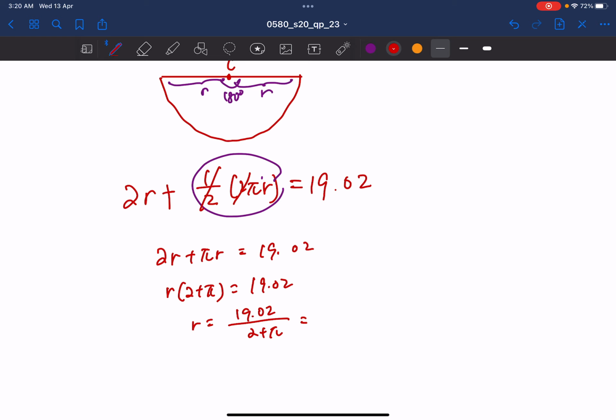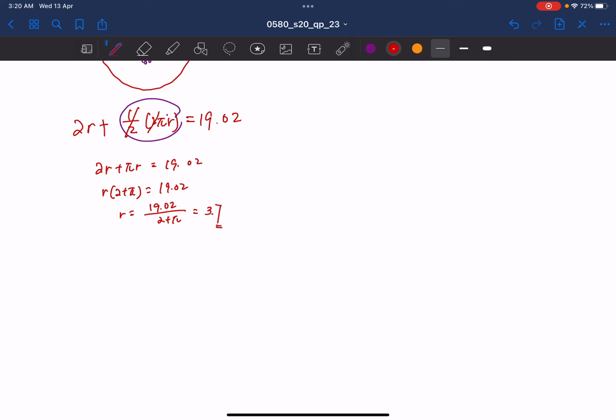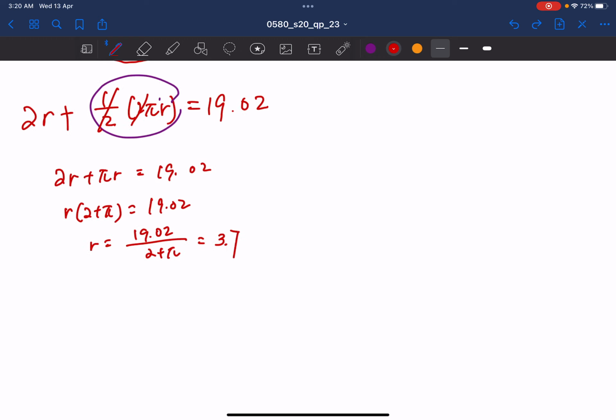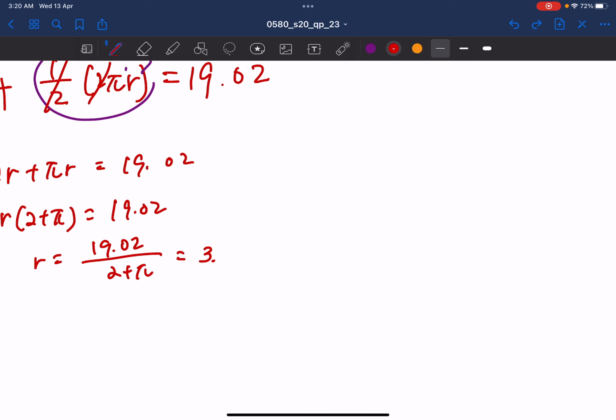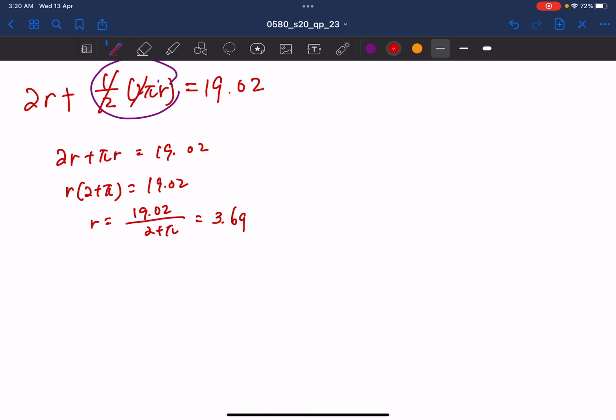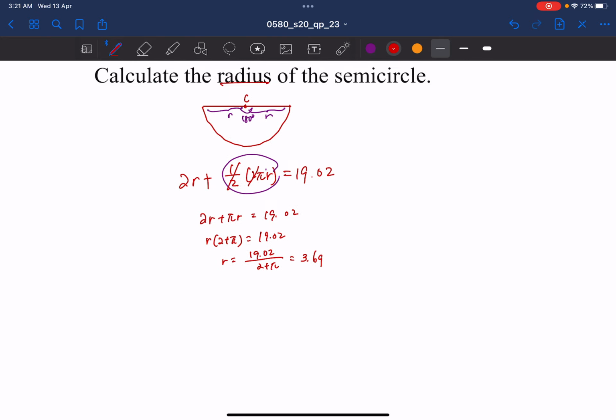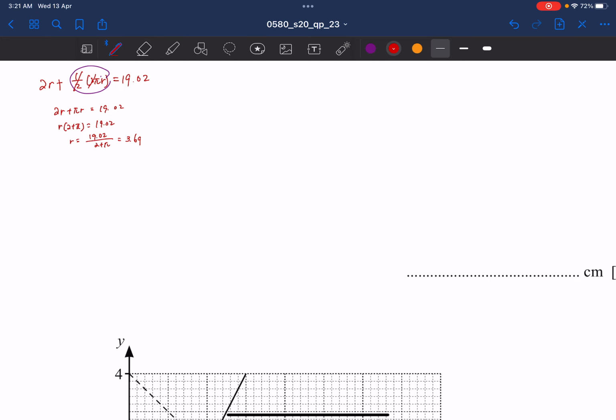This is 3.7 to 1 decimal place. It should be 3 significant figures. So it is 3.69.